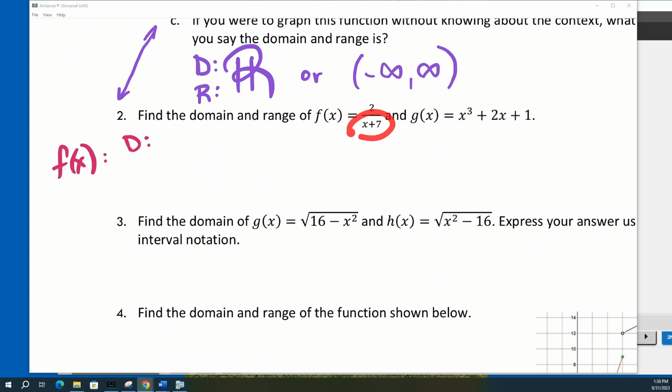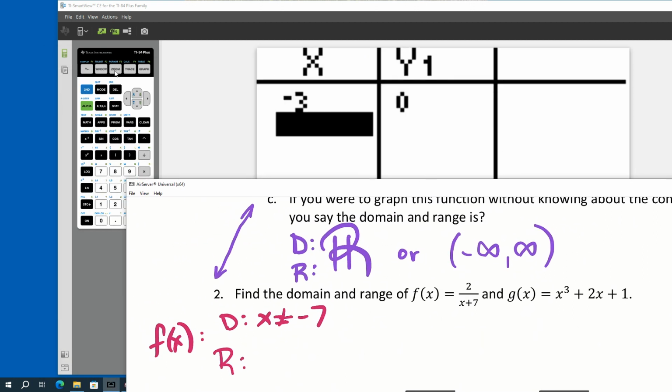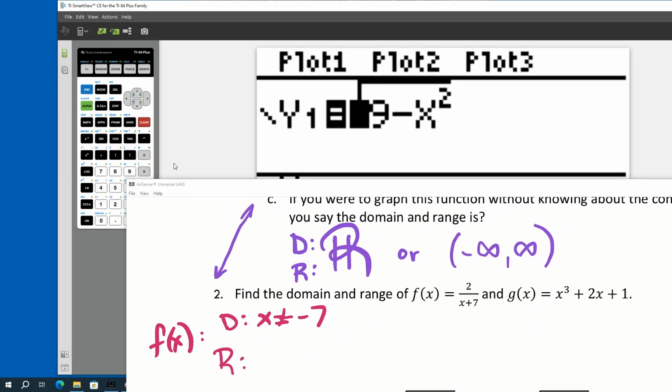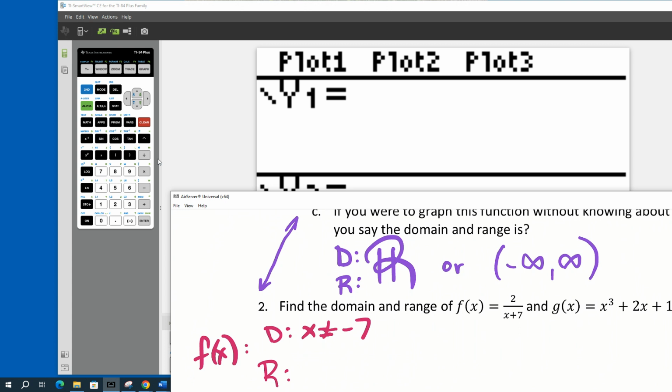This one we worry about 0 in the denominator. So what can x not be? Yep. So all you have to do is say x is not equal, do a little slash, not equal to negative 7. Now the range, until you learn about these functions and the horizontal asymptotes, we probably really can't do that. So I'll just type it in real quick.